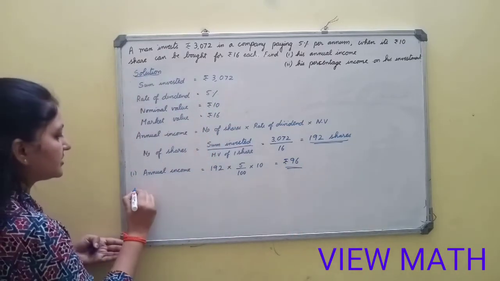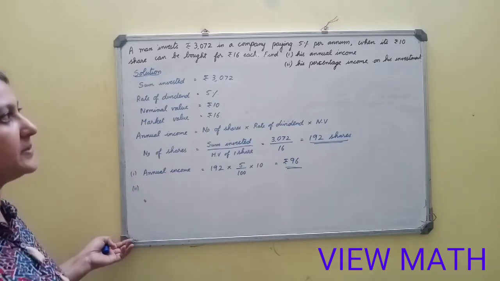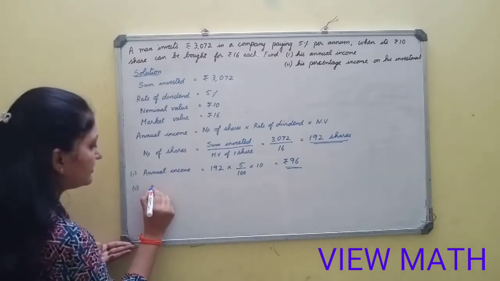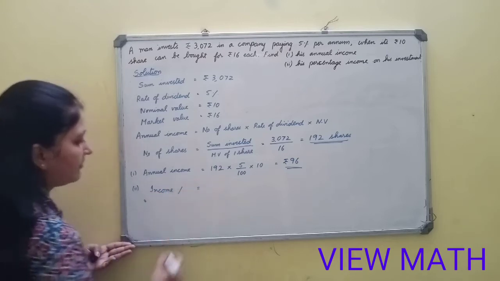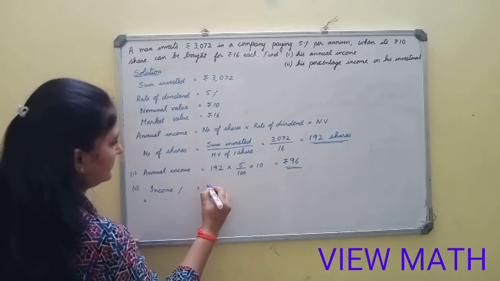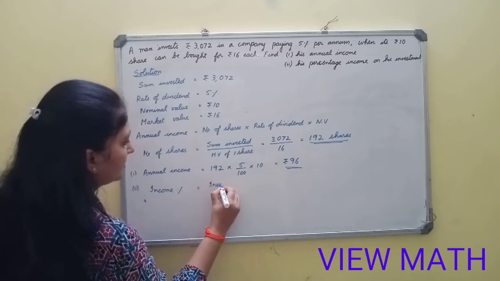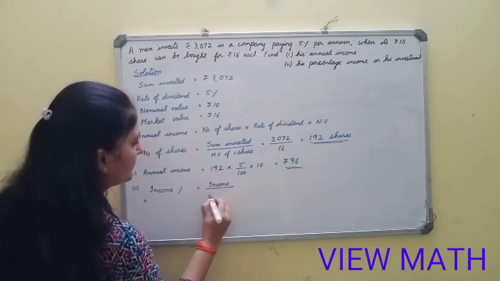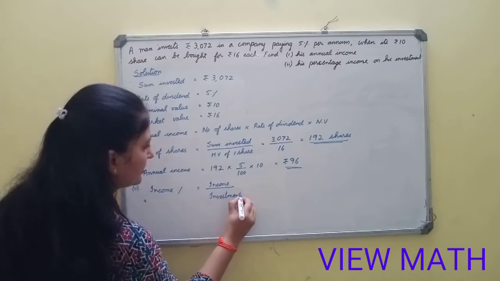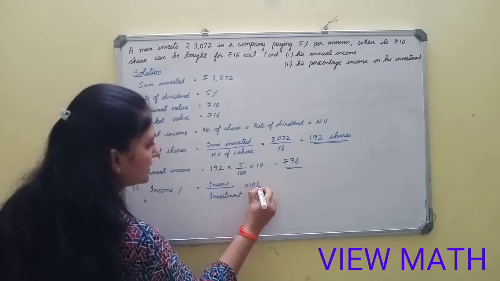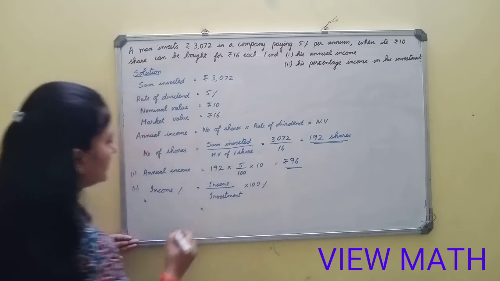Next, the second subdivision, they are asking us to find out the percentage income. Income percentage. The fourth formula, income by investment into 100%. What is the income?